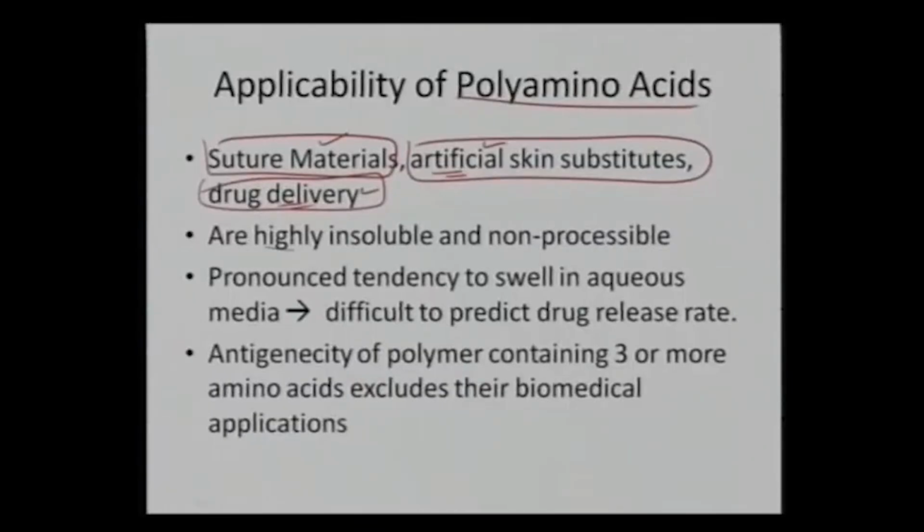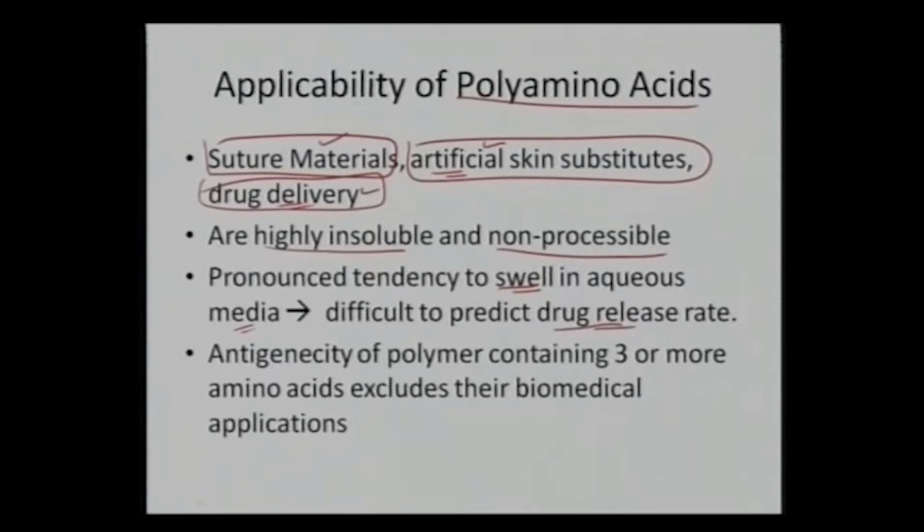And again, the problem with them is they are highly insoluble in organic compounds, and they also become non-processable. They have the problem that they tend to swell a lot in an aqueous medium, and once they are swelling, it becomes hard to interpret what will be their overall dissolution rate or drug release rate.